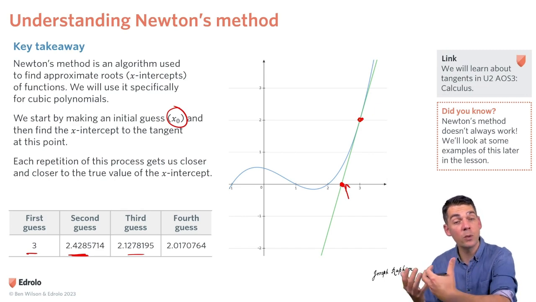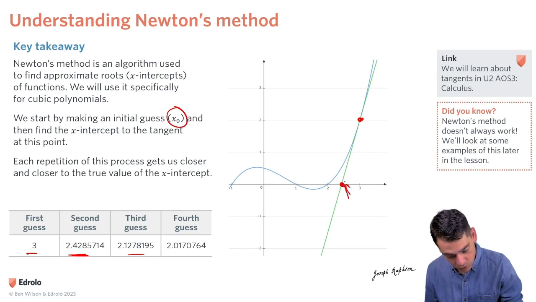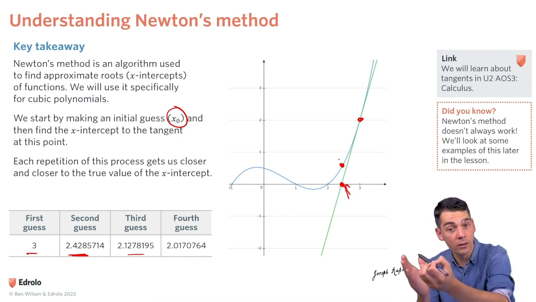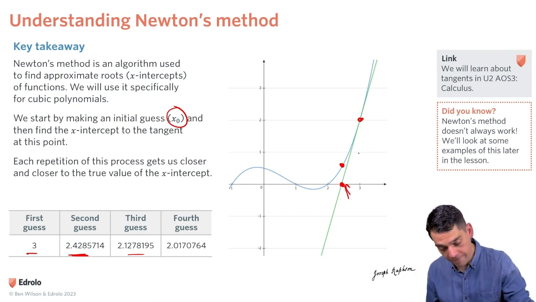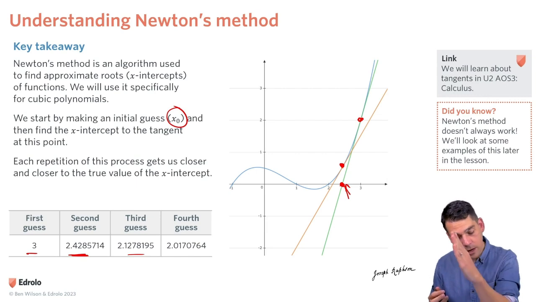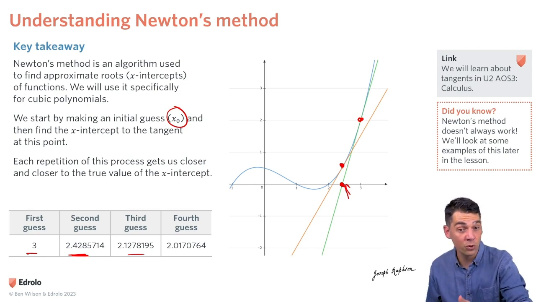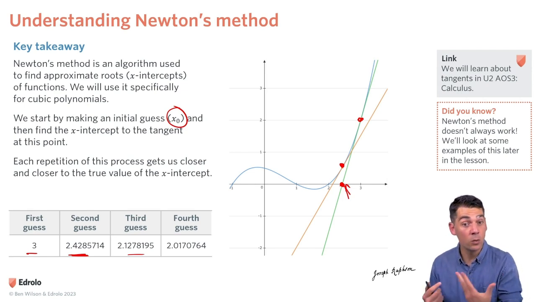So what we do there is we want to come up with another guess. So we go, okay, I'm going to take that point there, 2.42, and I'm going to find the tangent at that point on the polynomial. So I find another tangent, which will look like this is my orange line. And as you can see, as I make successive guesses using the x-intercept of the tangent, I'm getting closer and closer to that true value of the x-intercept, which is 2.